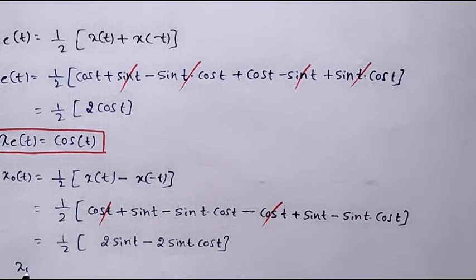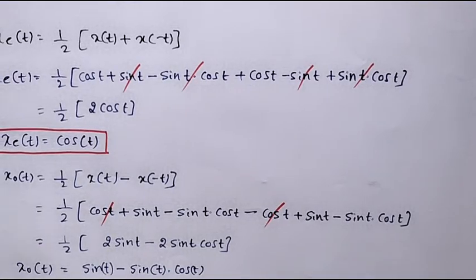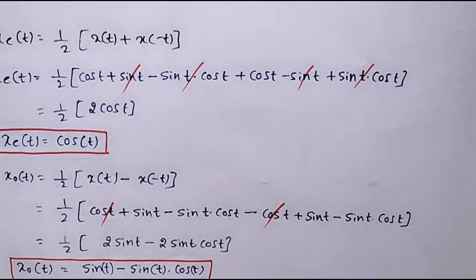Therefore xo of t is equal to, 2 will get cancelled, it is sin t minus sin t into cos t. This is the odd component of the signal x of t.